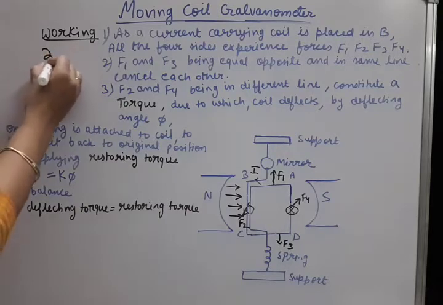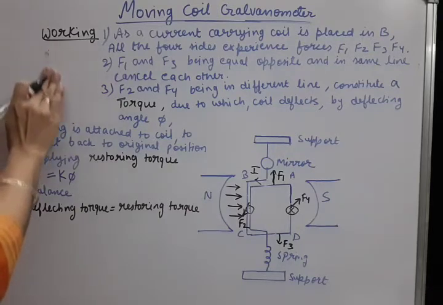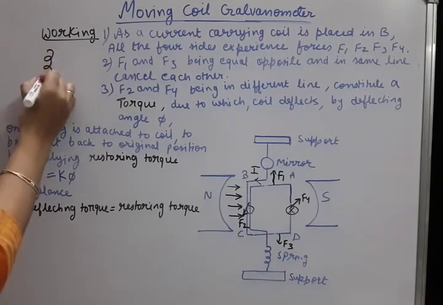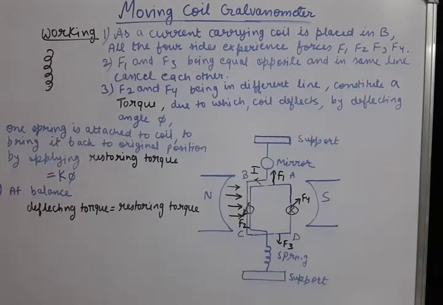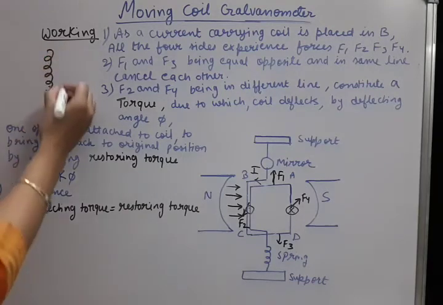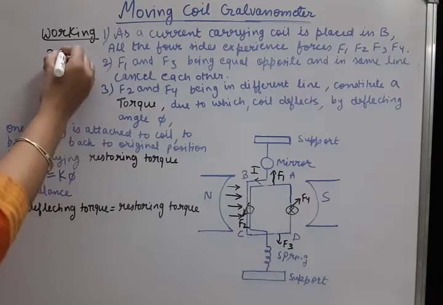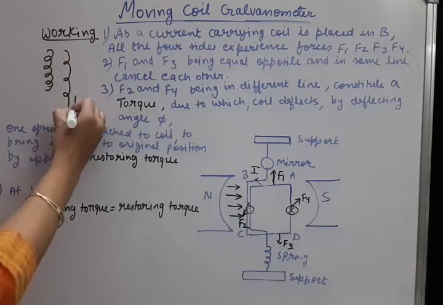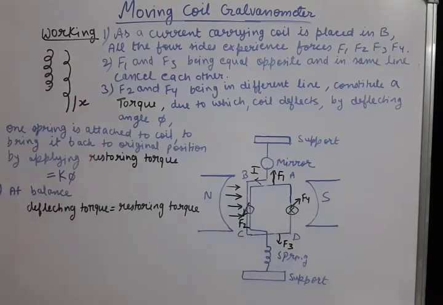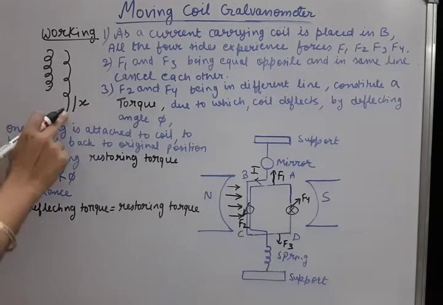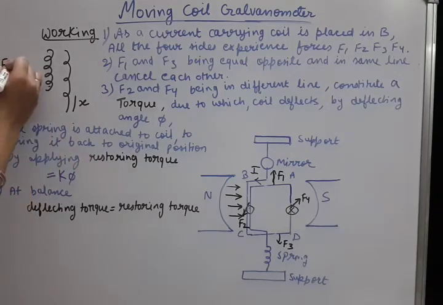When an unstretched spring, the spring is like this. Suppose this spring is loaded with some force F, so it gets stretched. This extension is called what? X. So whatever force we have applied is proportional to the extension.